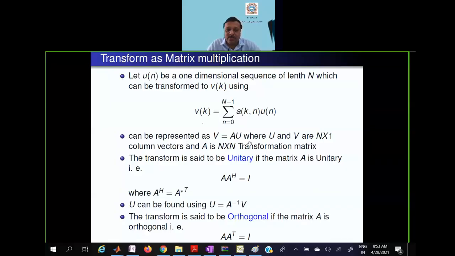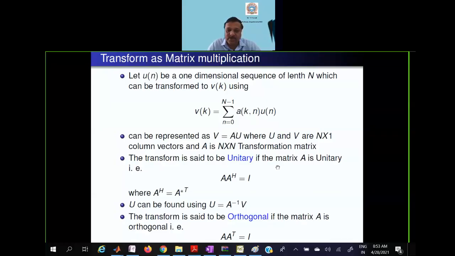And you can view this as a matrix multiplication, and the size of the matrix is n cross n, where n is the size of your image signal. And for this forward transformation, if the transformation matrix satisfies some properties, then we have some advantages.